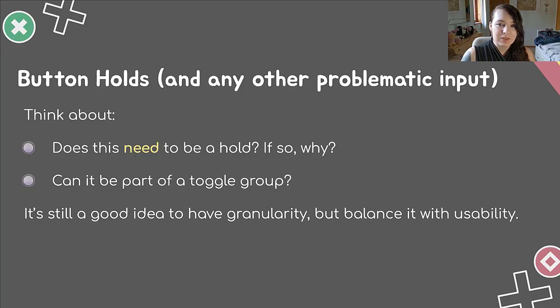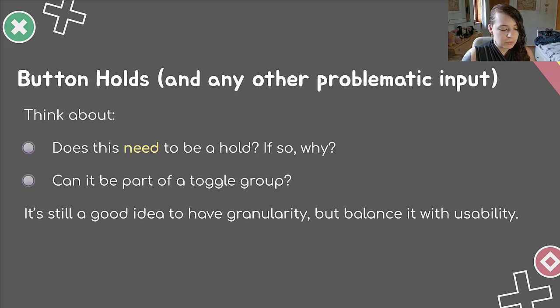So I invite you to think about 2 questions when you find barriers like this. Firstly, does this need to be a hold, or insert other problematic input here? If so, why? If you can design out the hold or input by default, then there's no need for that option, and that's often the cheapest solution. And secondly, can this action be part of a toggle group?